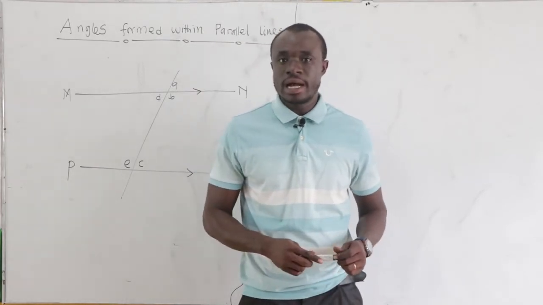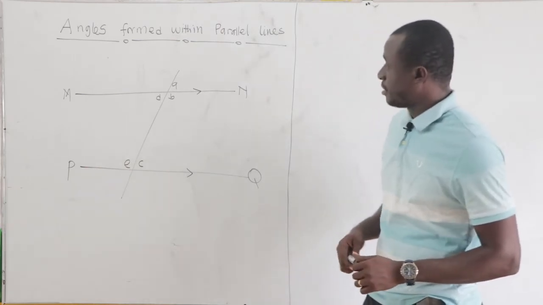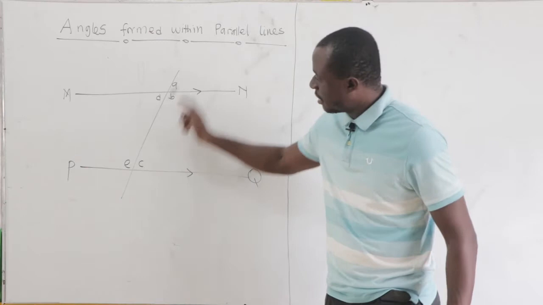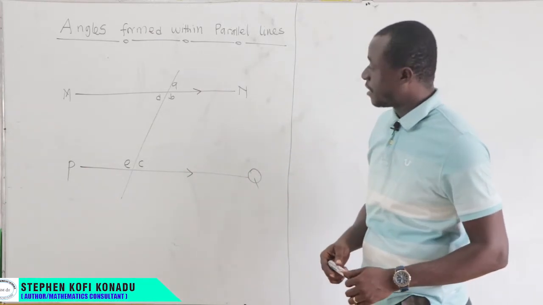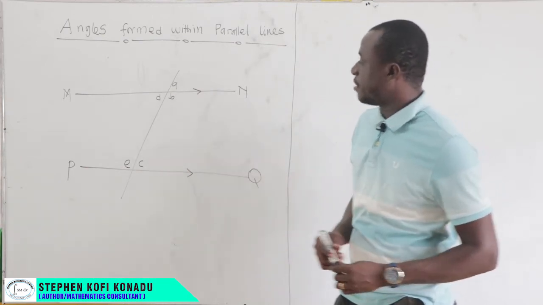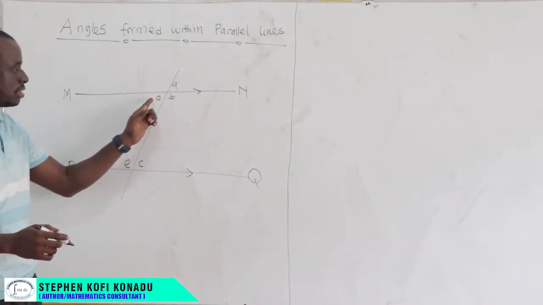Today we'd like to consider angles formed within parallel lines. Now let's see if MN is parallel to PQ. Now we call this line, that's the line that is passing through these two parallel lines, a transversal. And we have an angle here, angles within them. Now let's note the following. Now angle A is equal to what?